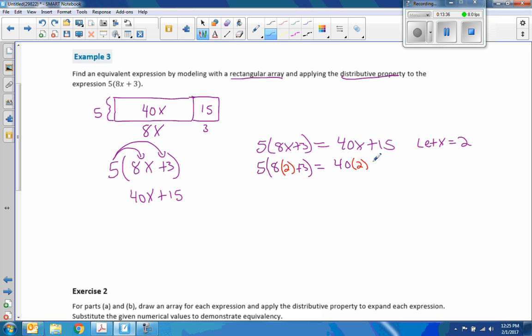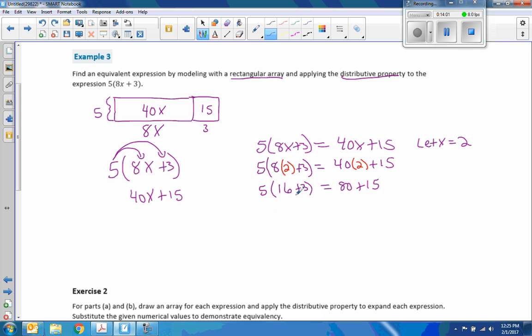And then I'm going to add 15. And PEMDAS says to do inside operations first, the parentheses with a grouping, and within that we have multiplication and addition. So I'm just going to show all of my steps, and multiply before you add gives me that, and then 40 times 2 is 80 plus 15.